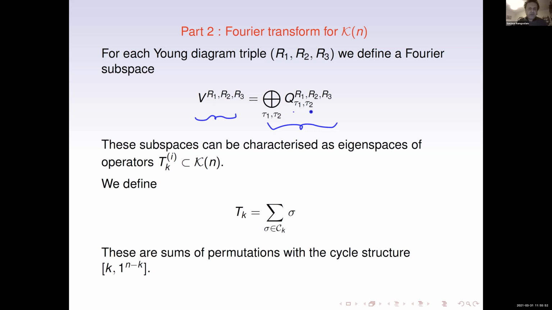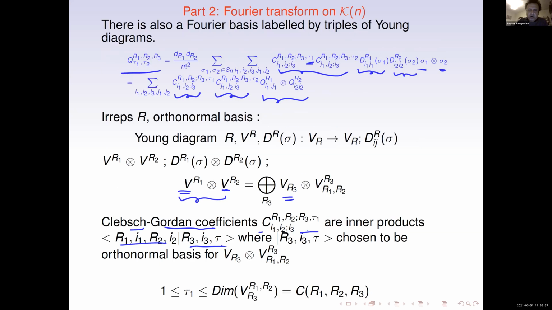No, that we know from generalities, because by the construction of these Qs, these come from these taus here. They label the multiplicities of R3 appearing in this tensor product, and that's another way to think about what the Kronecker coefficient is. So I have permutation representations R1, R2 acting diagonally, decomposing into irreps.